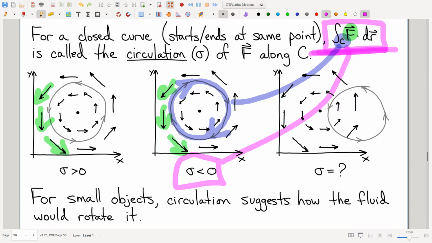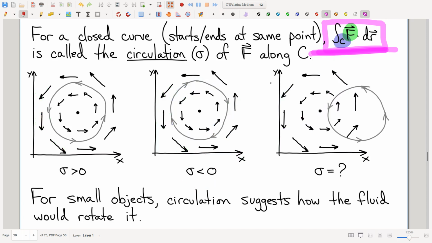So, which one of these is right and which one of these is wrong? Is clockwise the right one, or is counterclockwise the right one? A very important answer to that question is neither. These are both equally reasonable questions to ask.